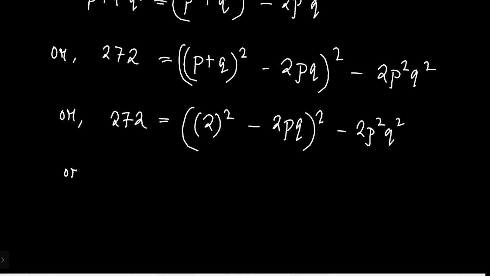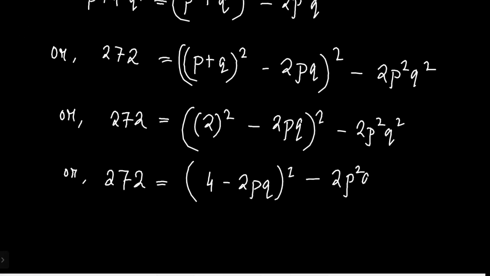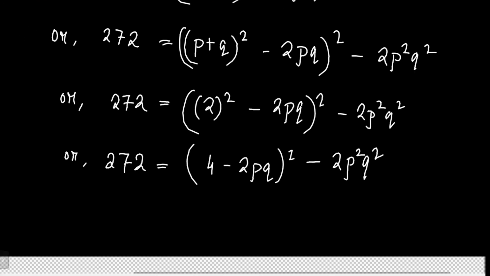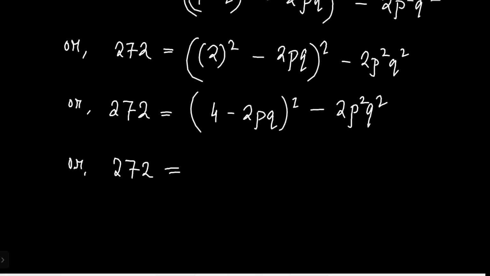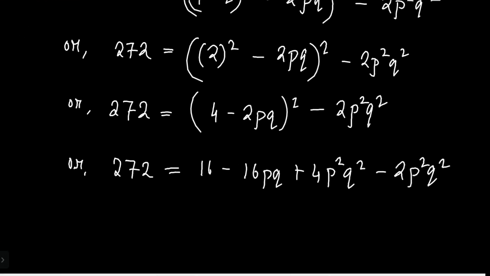Now 272 equals 4 minus 2pq whole square minus 2p square q square. If we expand this, a minus b whole square, we get 16 minus 16pq plus 4p square q square minus 2p square q square.